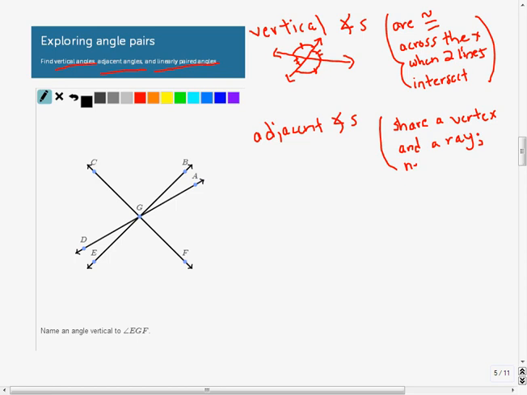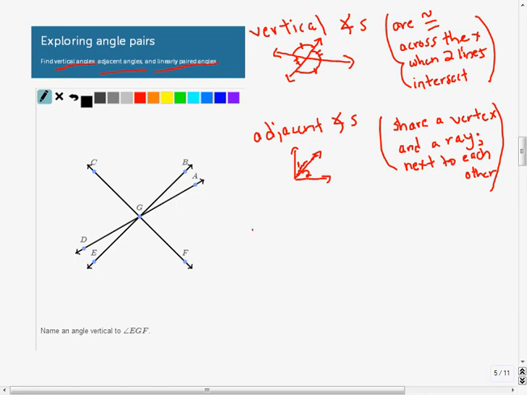They're next to each other. So if we have angle 1 here, angle 2 here, they are next to one another. They are adjacent. They share this ray right here.